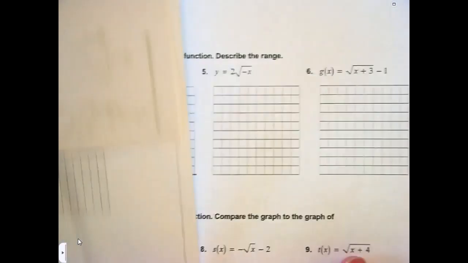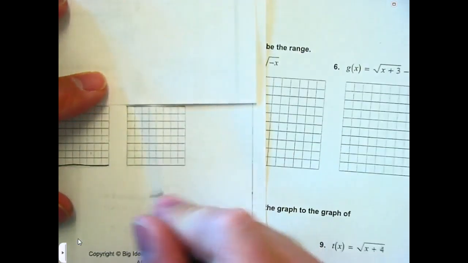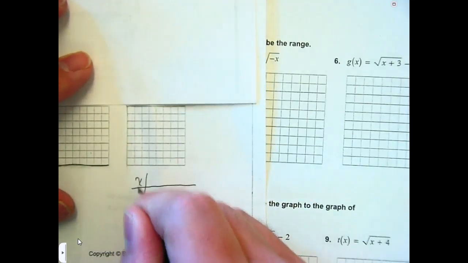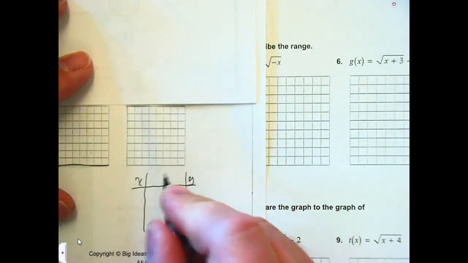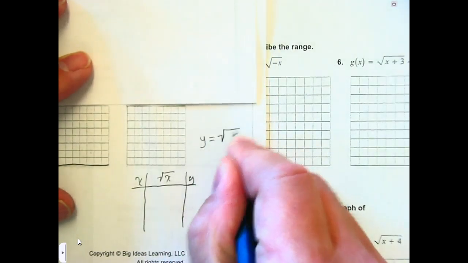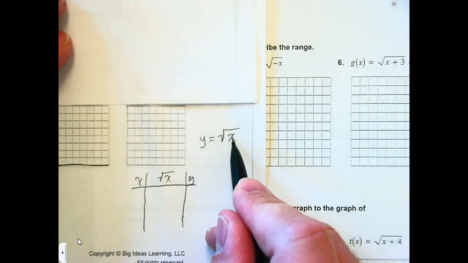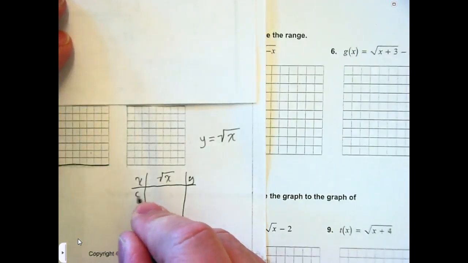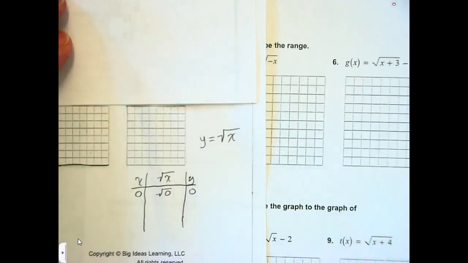If I were to use another grid right here, just think of my table with x and y, where y is the square root of x. If I'm using the parent function y equals root x, what's the first perfect number you could put in for x? 0. The square root of 0 is 0.